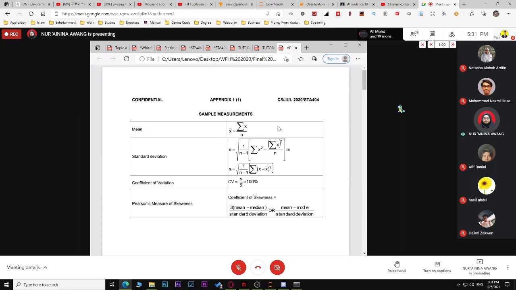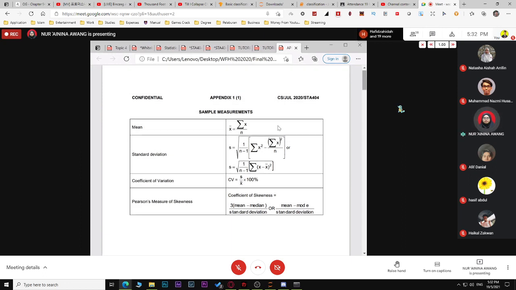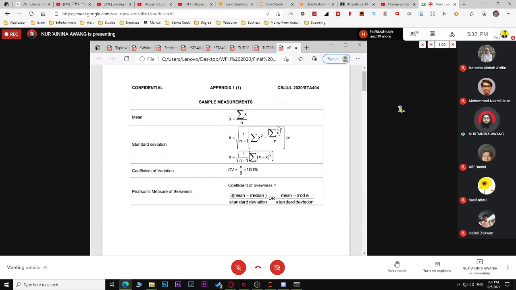So untuk appendix ni dia tak ada apa pun. So nanti kalau you tengok on past year or previous past year, so kalau before this tak ada ODL, seat dekat dalam exam hall tu memang dia akan bagi formula yang ini sajalah. But since sekarang ni ODL, so you boleh refer to your notes, tak ada masalah. Okay, tapi just nak explain je since saya masukkan sekali the formula.